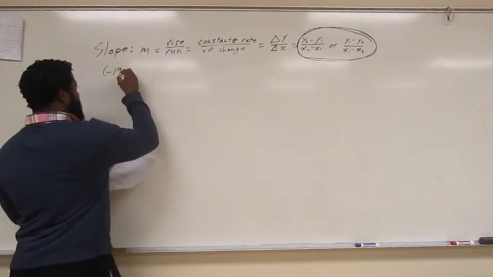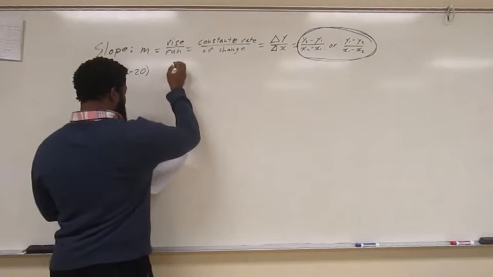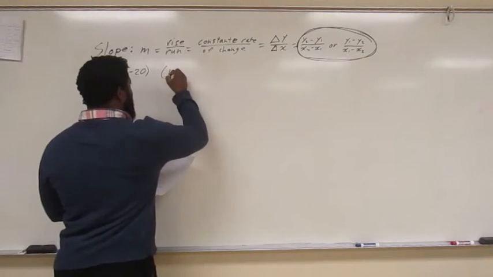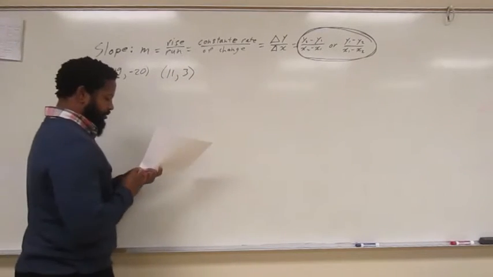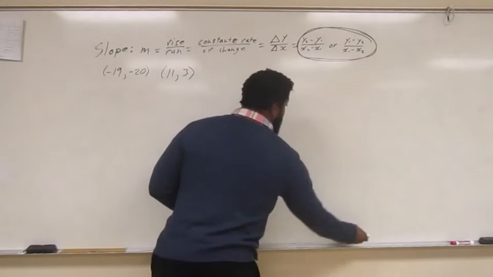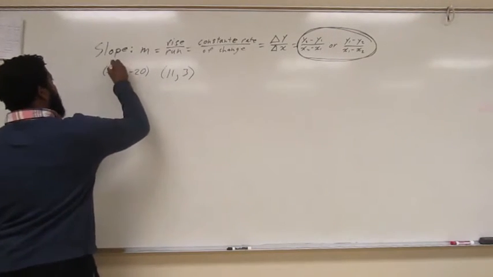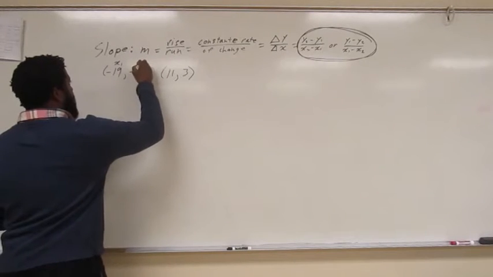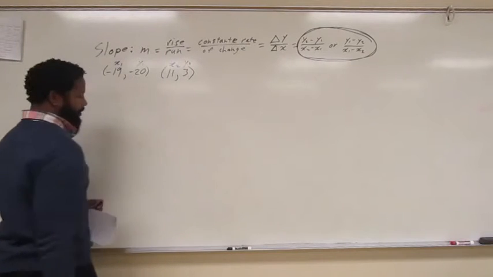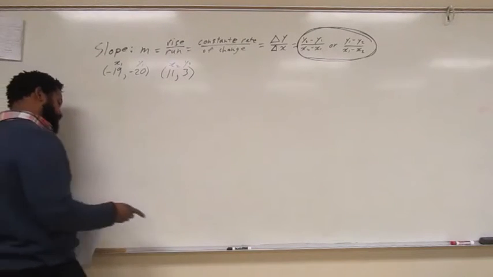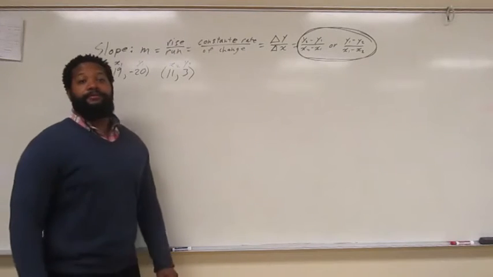So negative 19, negative 20, and you might have 11 and 3, okay? When I say label, label: x1, y1, x2, y2.